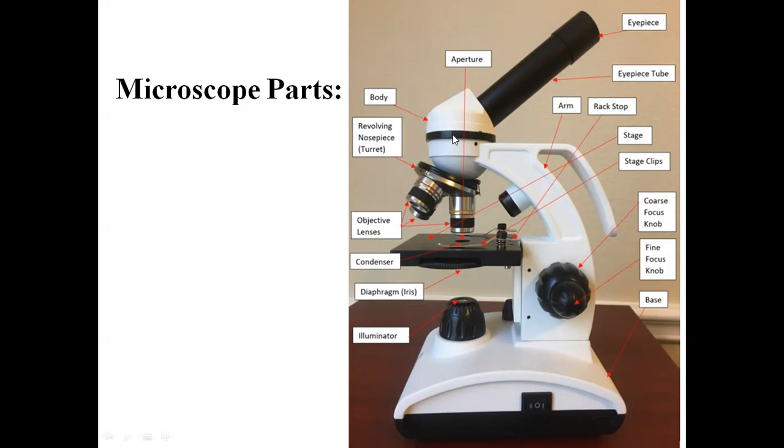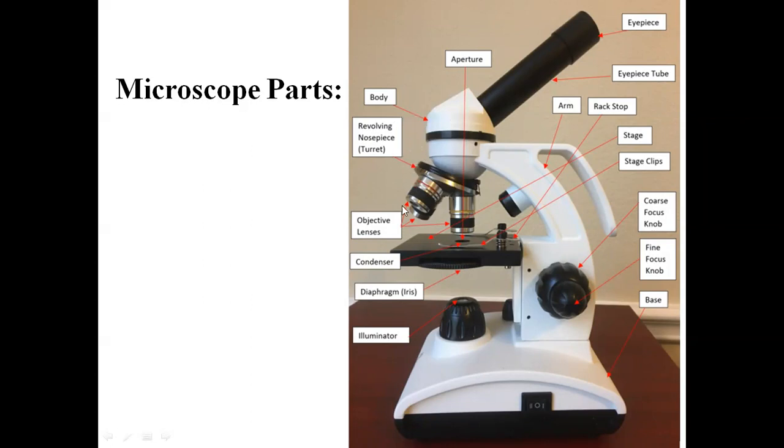So this will consist of different types of lenses fitted into the head portion or the body portion. Then we have your revolving nose piece.